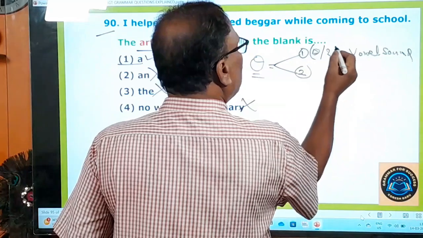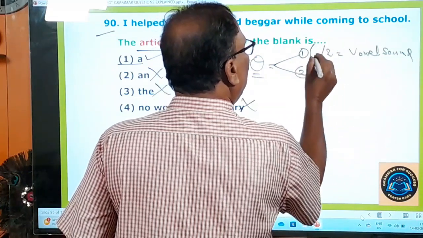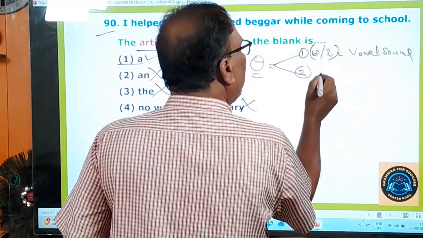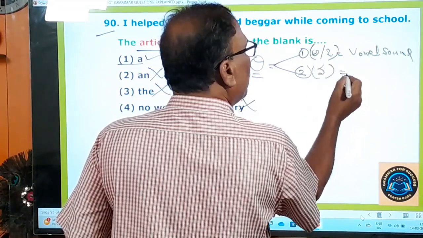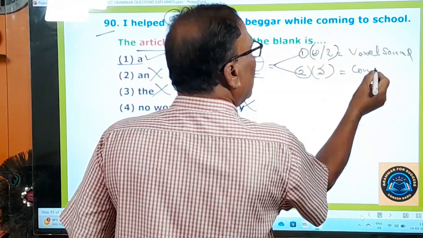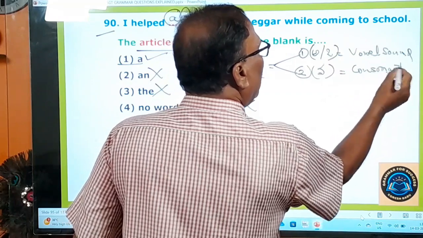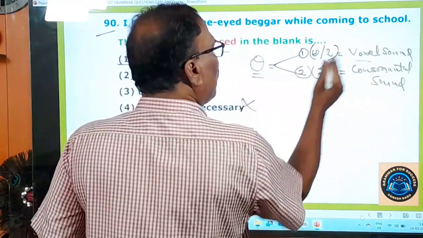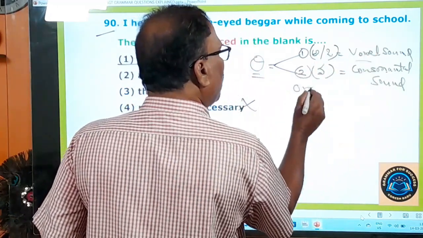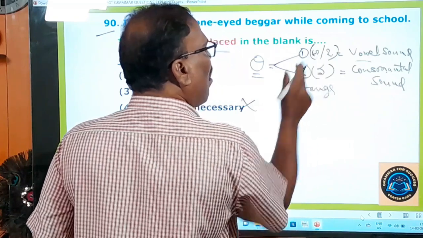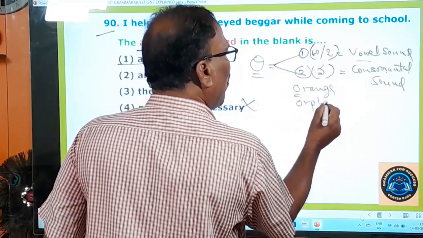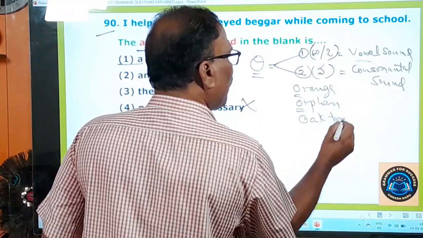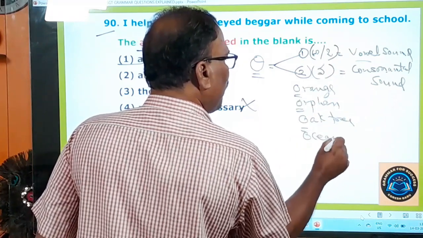Whenever it gives you the sound of A or O, let me write it clearly, then you must think it is a vowel sound. Whenever it gives you the sound of Wa, you must think it is a consonantal sound. Very simple. So for vowel sound, examples: orange, orphan, oak tree, ocean.